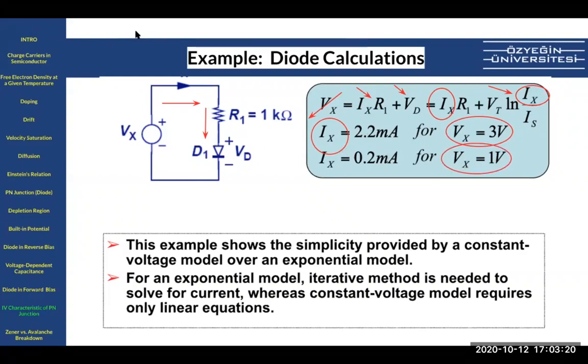If we apply, for instance, 0.5 volts, what happens? Do you have any thoughts about that? Let's say this is 0.4 volts. No current?